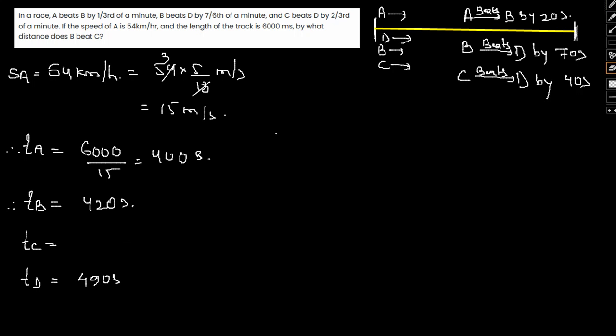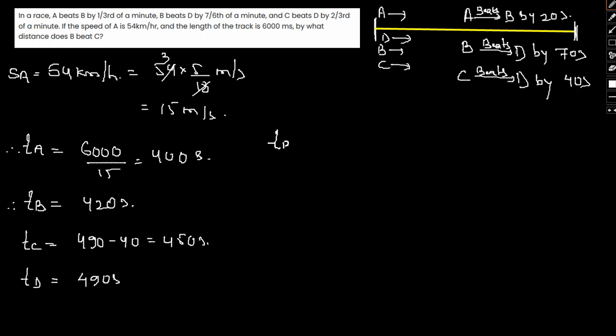Now if we talk about the time of C, it's given that C beats D by 2/3 of a minute. So C beats D by 40 seconds. So 490 minus 40, that is 450 seconds. This will be the time of C. Sorry, my bad.